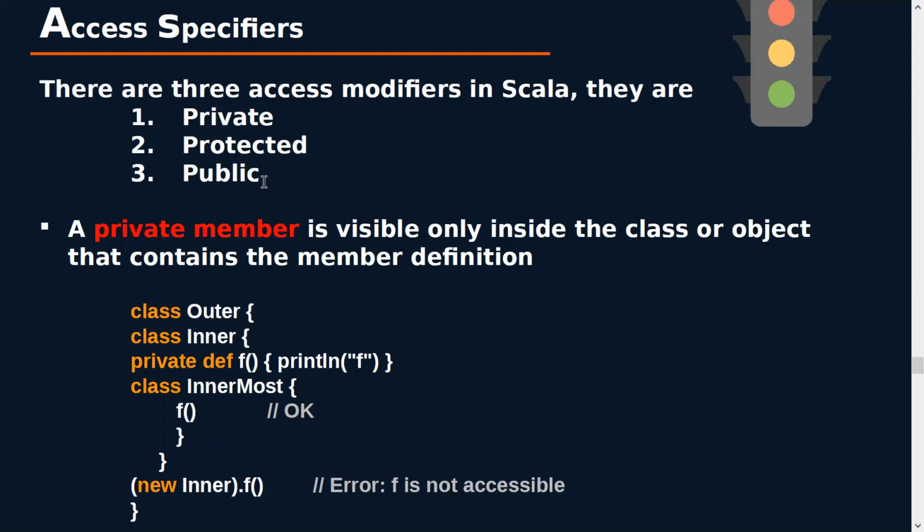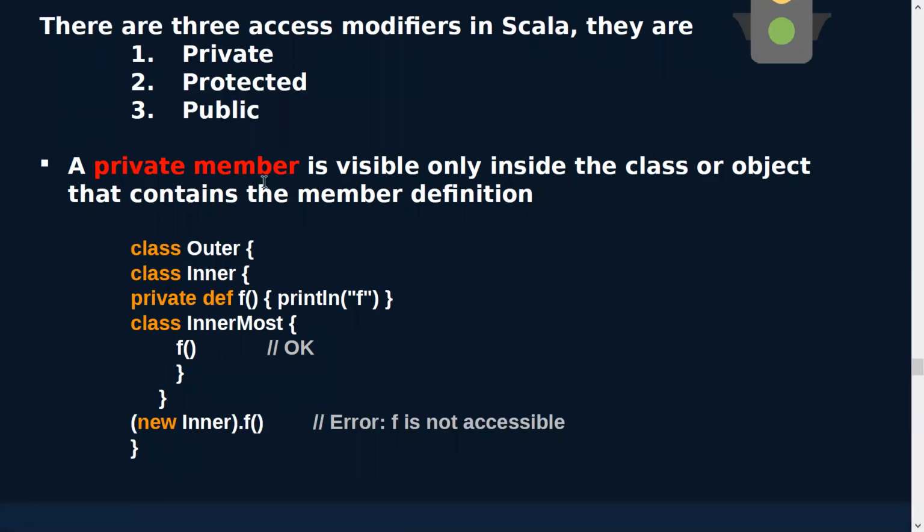Private is something which, by the keyword itself, you'll understand. Anything that you declare as private is only accessible within that scope. If you declare any method or field as private inside a class, it will be available only inside that class. Outside of that class, it will not be available.